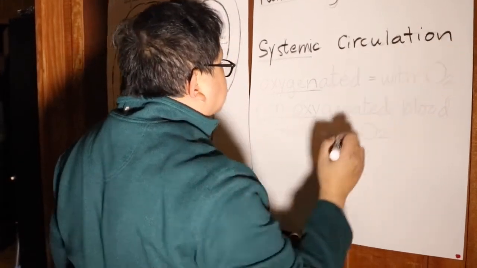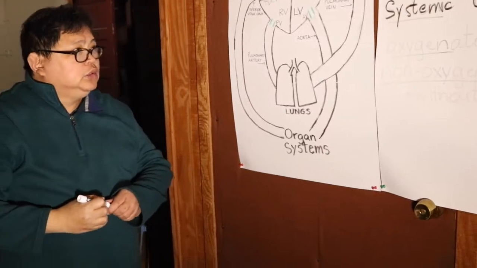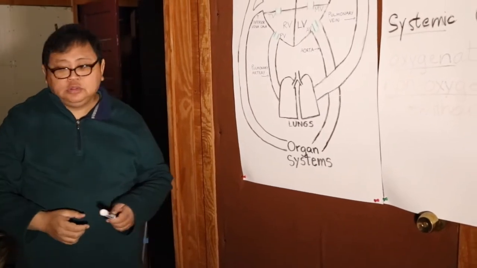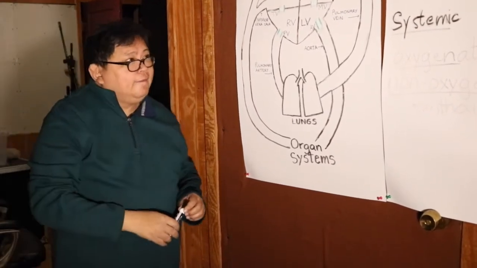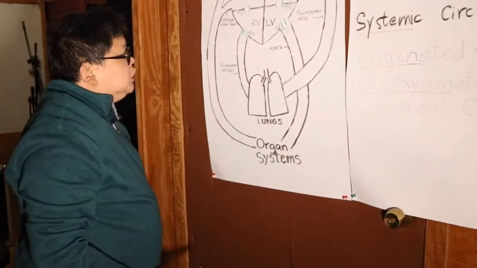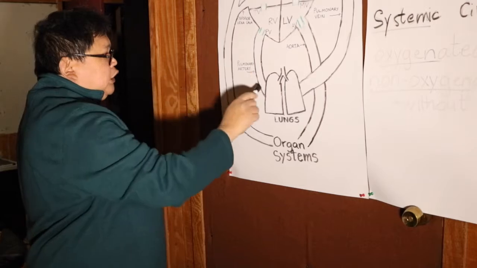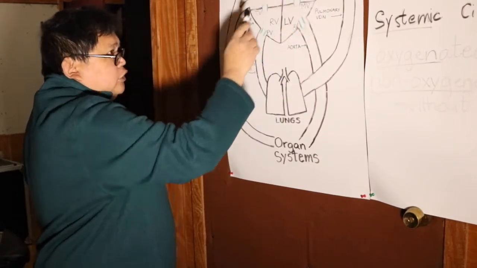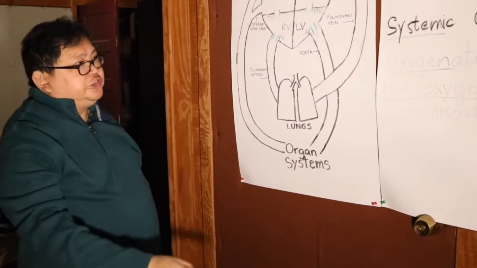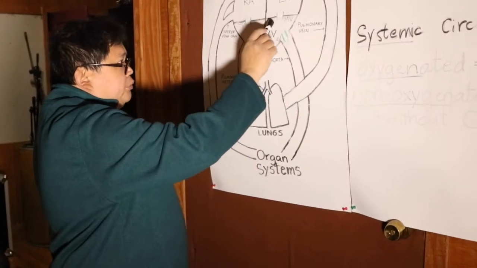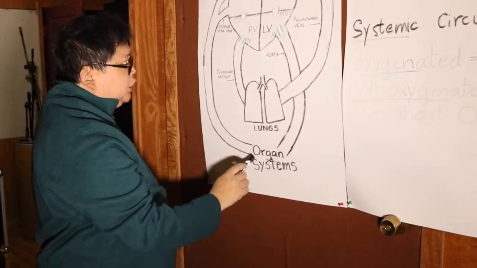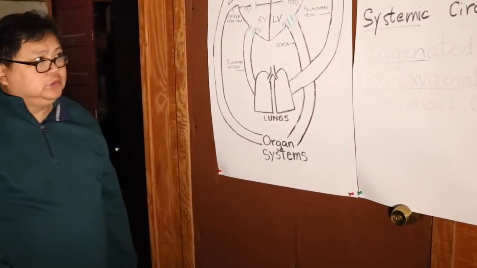What's the difference between the two? Can anyone tell the difference between the two? Okay, all right. Pulmonary circulation is the circulation of the blood from the heart to the lungs, back into the heart, while the systemic circulation is the circulation of the blood from the heart, the different organs, back to the heart.